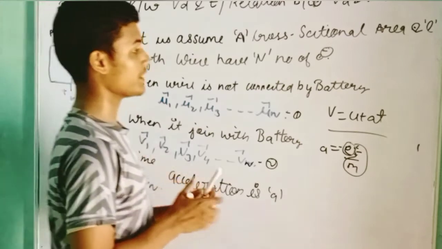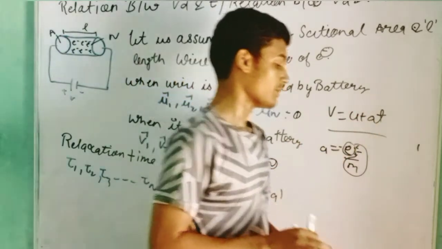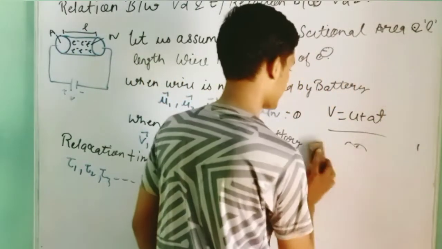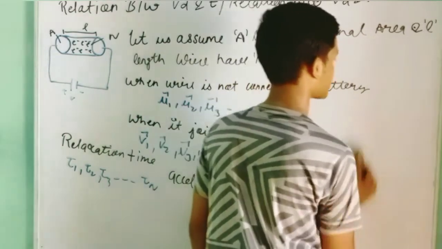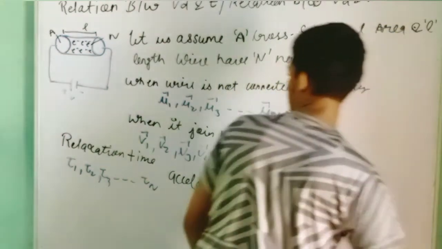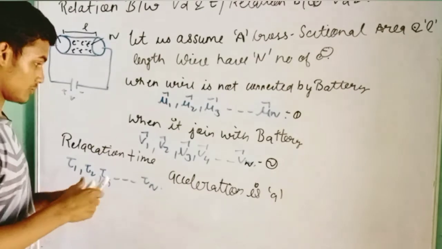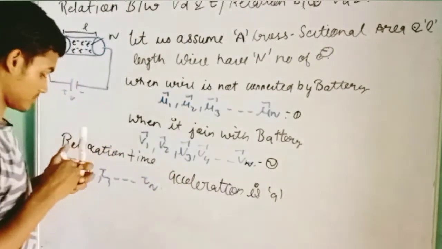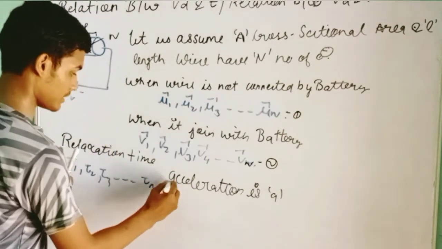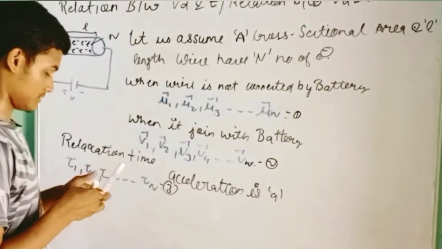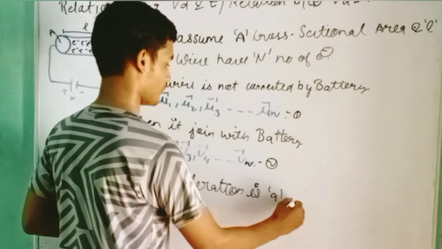So now we take v is equal to u plus at, as equation number 3 and 4.